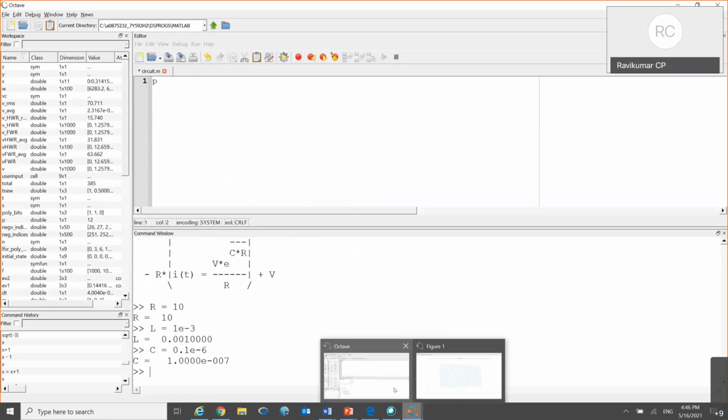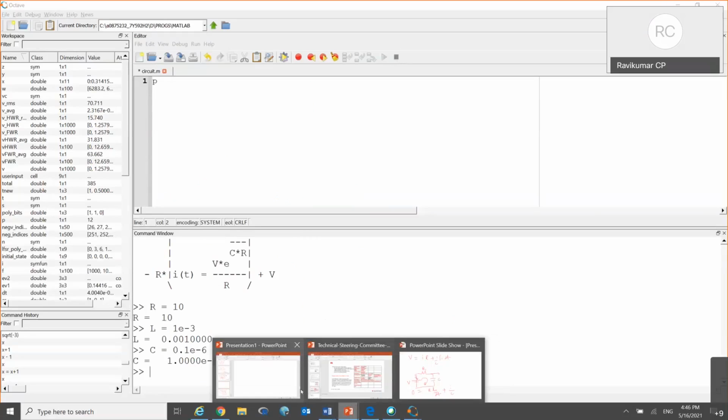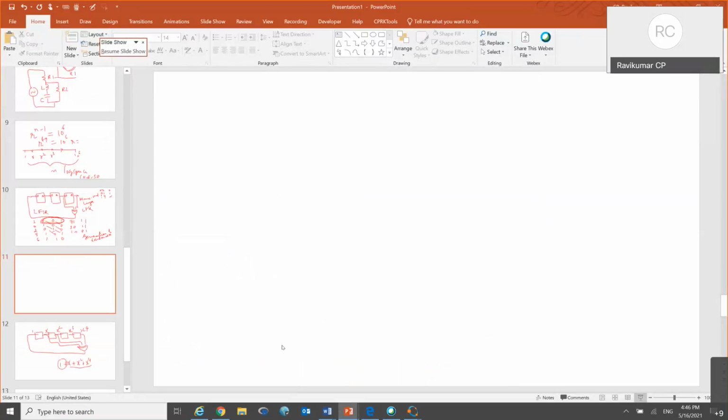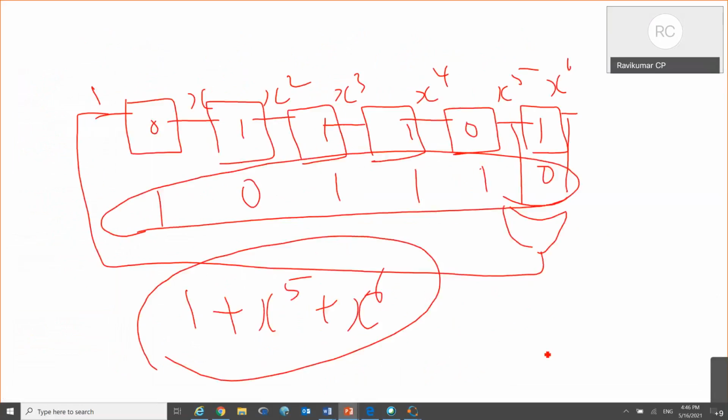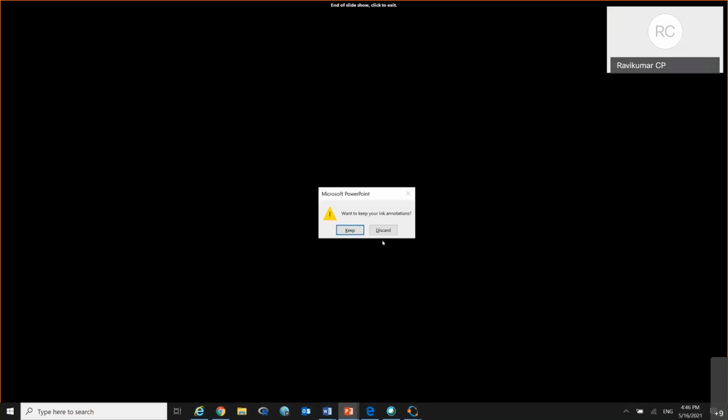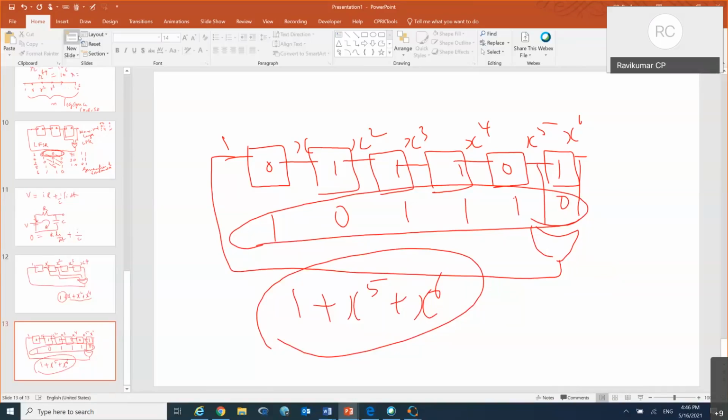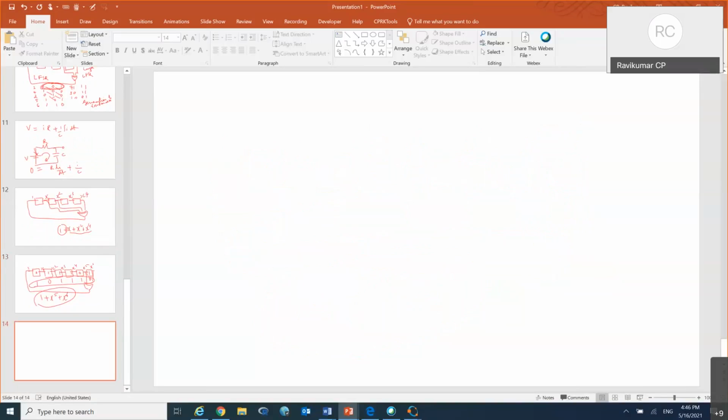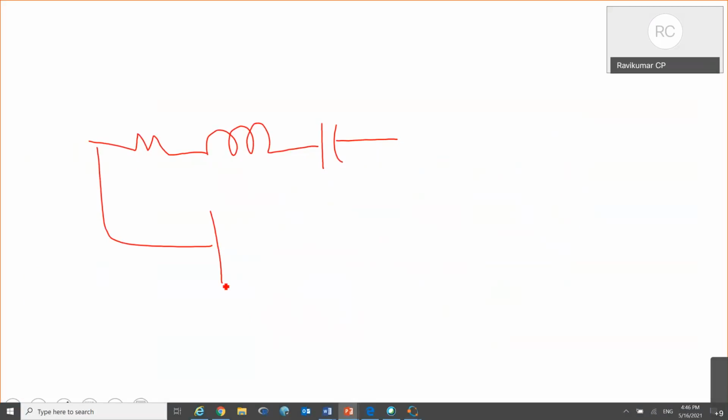Now I can write a differential equation here. Let us say 10 volts, R, L, and C.